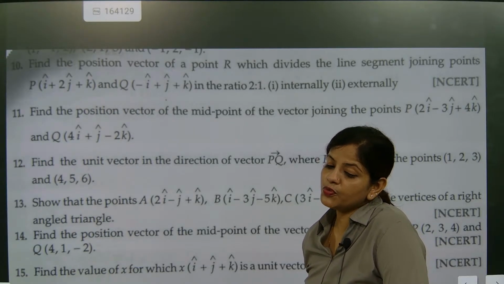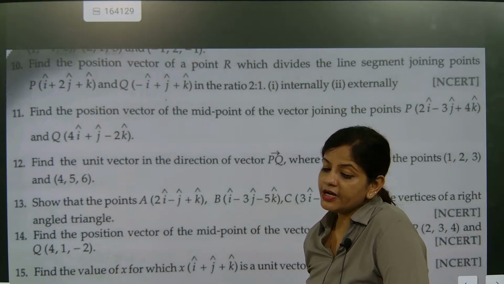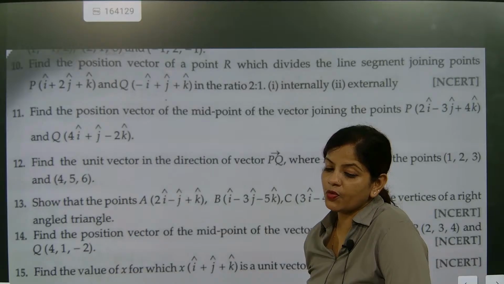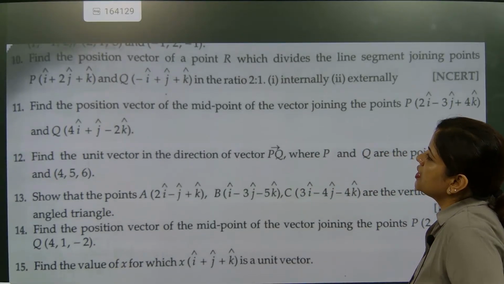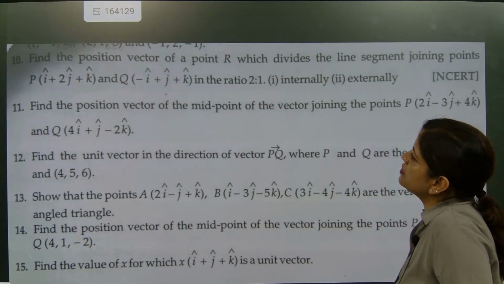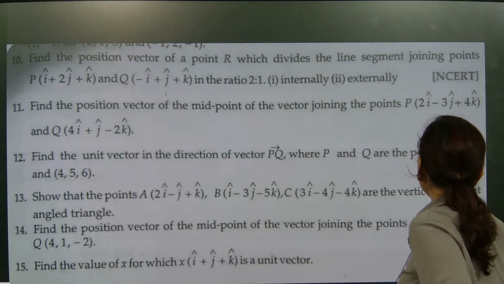See, find the position vector of the point R which divides the line segment joining the points this and this. So definitely we have done questions like this. 1, 2, 1, minus 1, 1, 1.